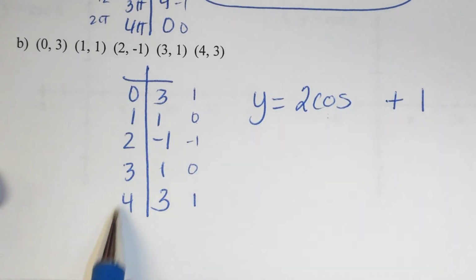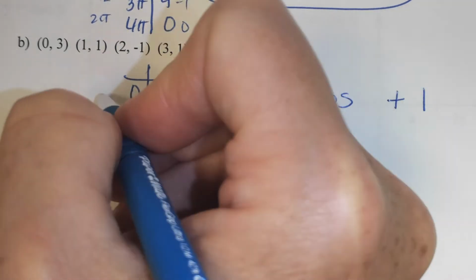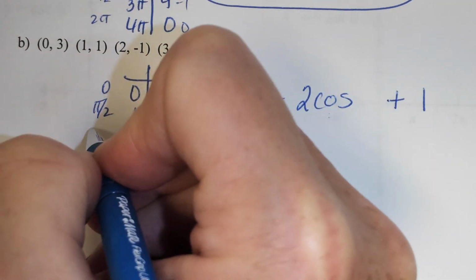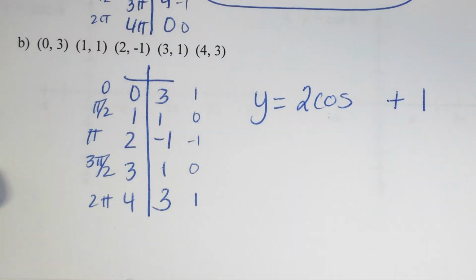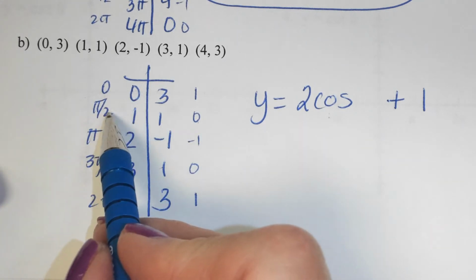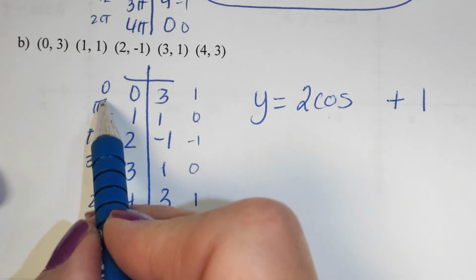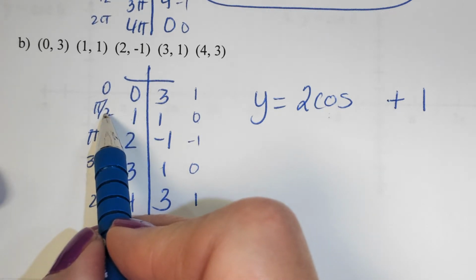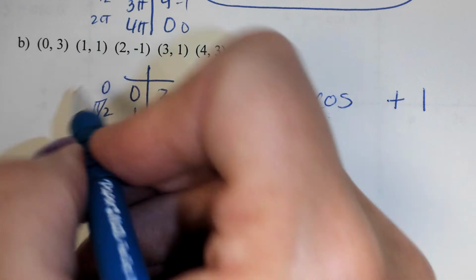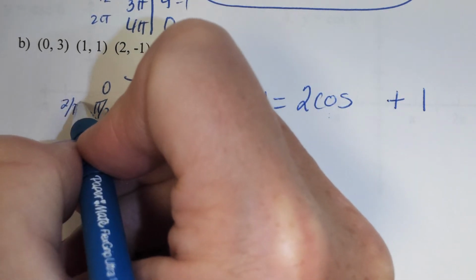Okay, now to me this last part is the most complicated, because we know that it can't just be x, can it? Because it should go 0, pi over 2, pi, 3 pi over 2, and 2 pi. That's what it's supposed to do. So what did these get multiplied by? Like, how do I go from pi over 2 to 1? What would I have to multiply that by? 2 over pi is what it got multiplied by.